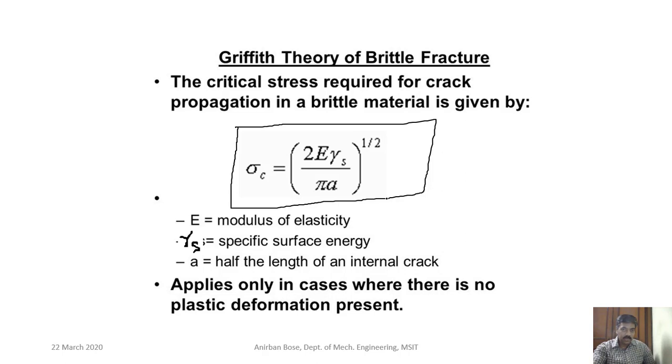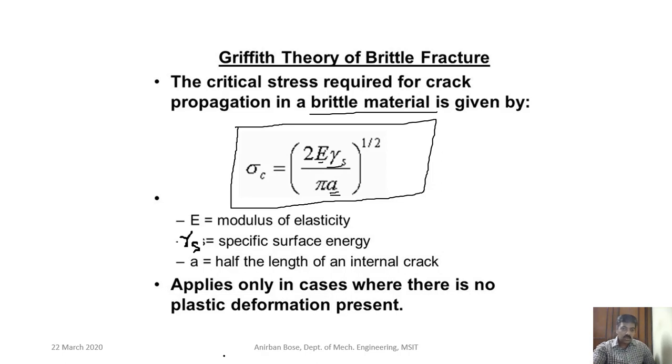But remember, this Griffith's criterion is for brittle materials, where E is the modulus of elasticity in this expression, gamma S is the specific surface energy, that means surface energy per unit area, and a is the half crack length for the internal crack.